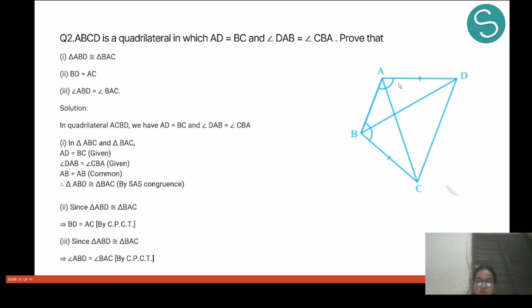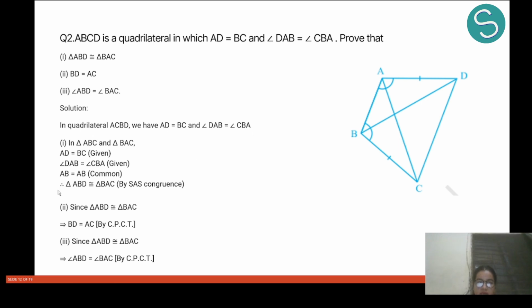So first, what is given to us is that AD equals BC, right? And these two angles, angle DAB equals angle CBA, are equal, and AB is our common side.